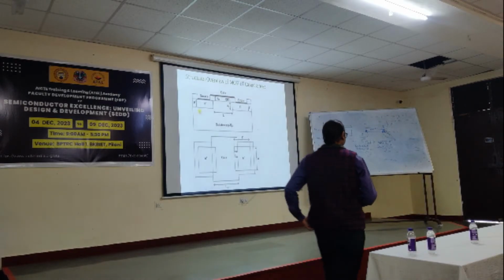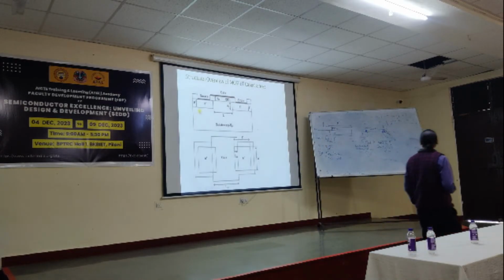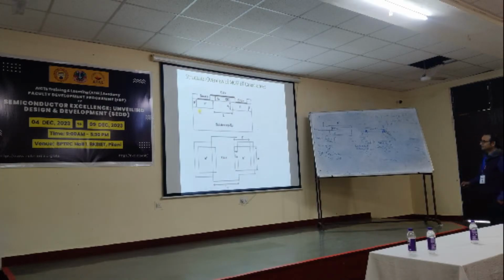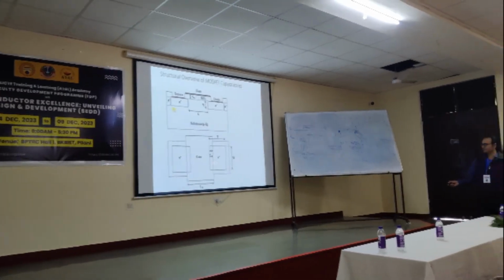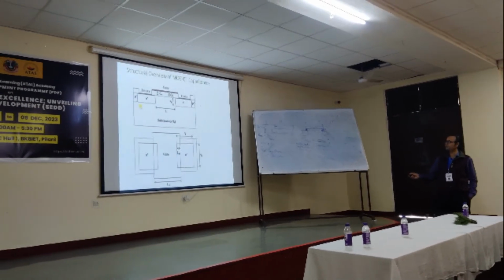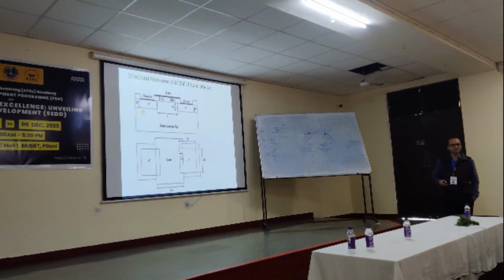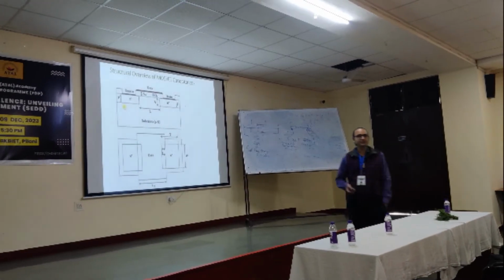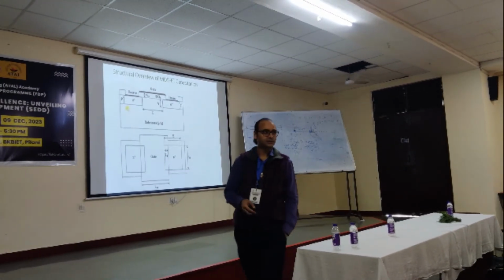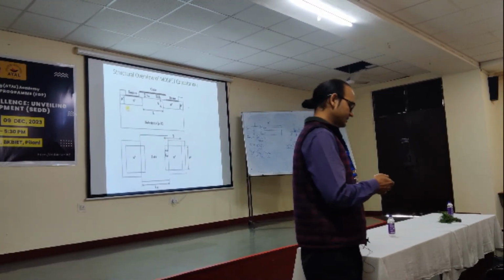Same? This is the source, this is the drain part, and the gate is extended towards the source and drain. So the effective channel length will decrease by 2 LD, LD this side, LD that side.